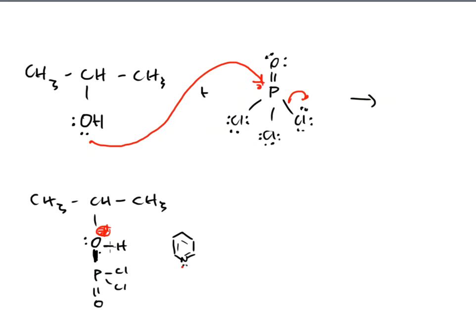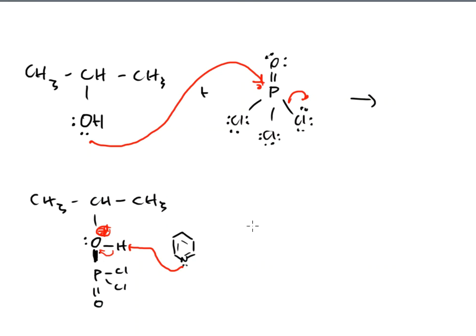Oxygen needs to get rid of it. Hydrogen has to go somewhere. So that's the purpose of the pyridine. So the pyridine goes in, and it grabs the hydrogen, pop, off it goes. Away they go, happy little life. And then these electrons from the OH bond go in to the oxygen.